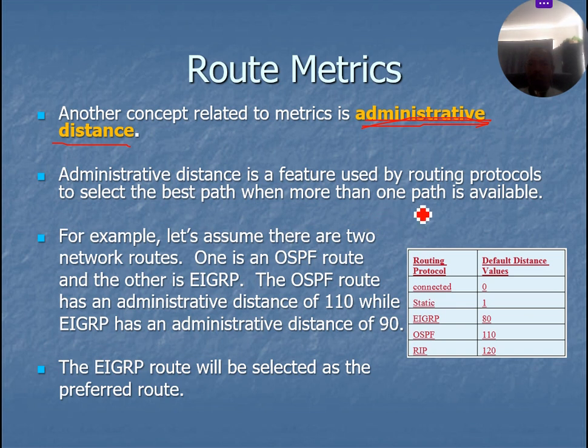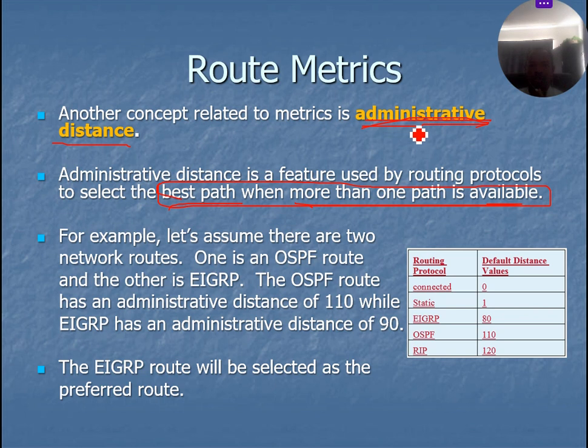Administrative distance is a feature used by routing protocols to select the best path when more than one path is available in our network. When more than one option for the data packets to go through is available, we use what we call the administrative distance.